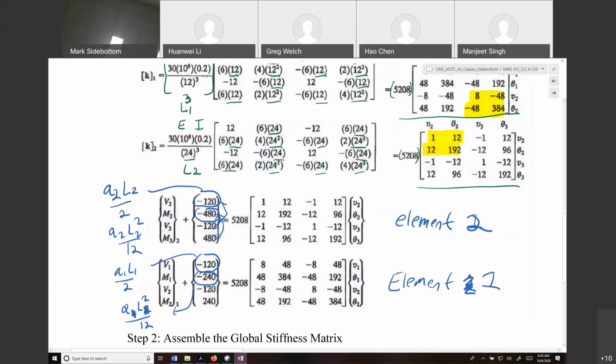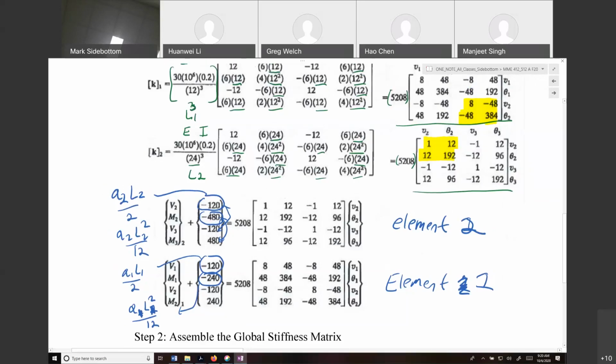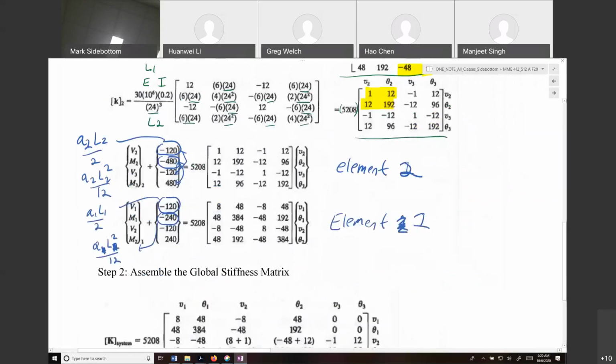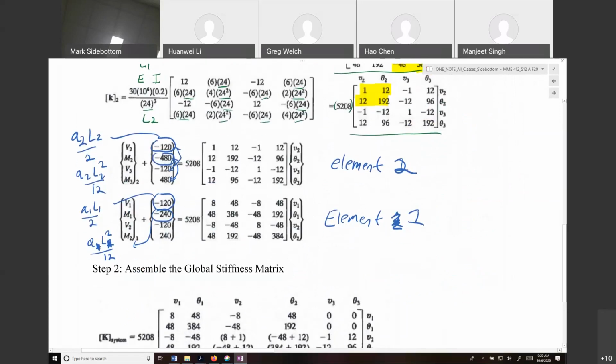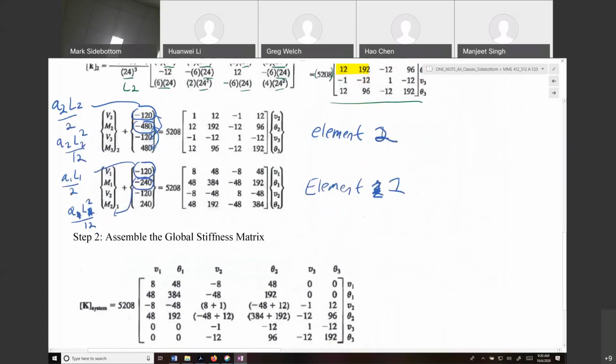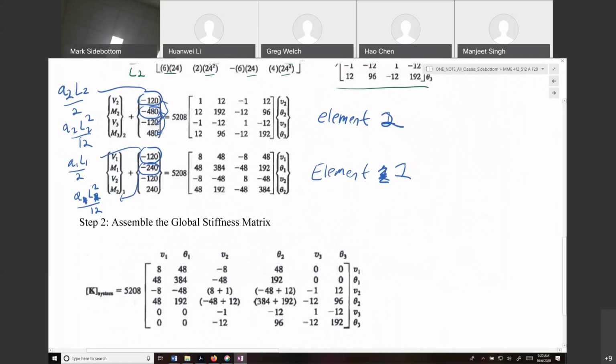For a distributed load, we have to account for the equivalent concentrated forces and moments at the boundaries. So if we do that, we can now assemble our global stiffness matrix using the shared nodes.